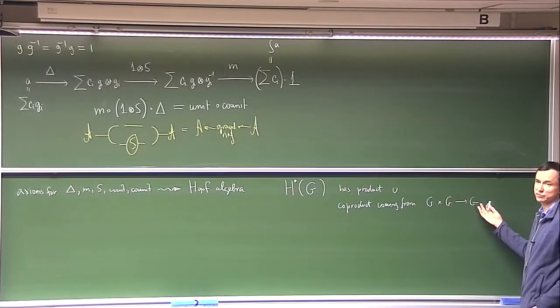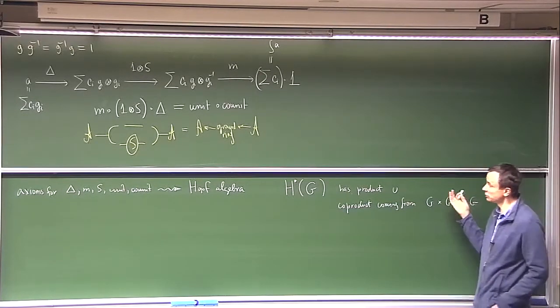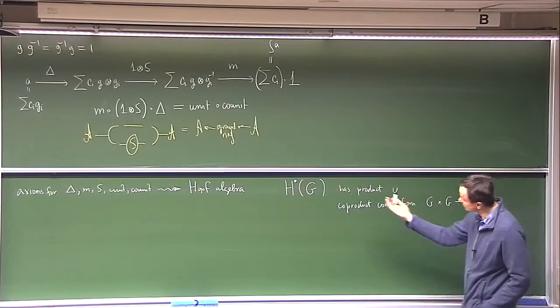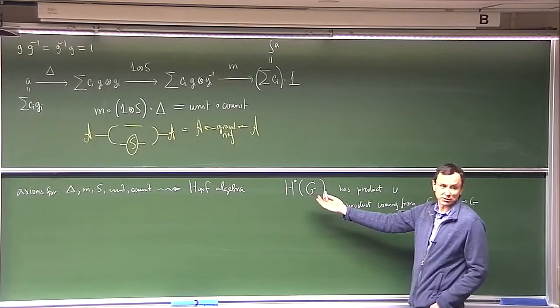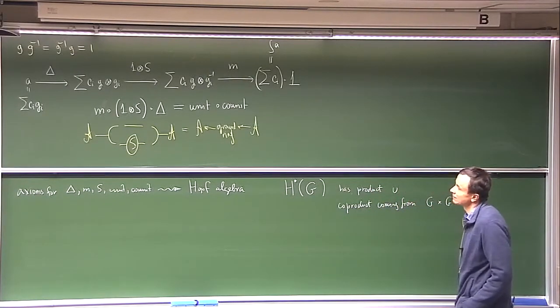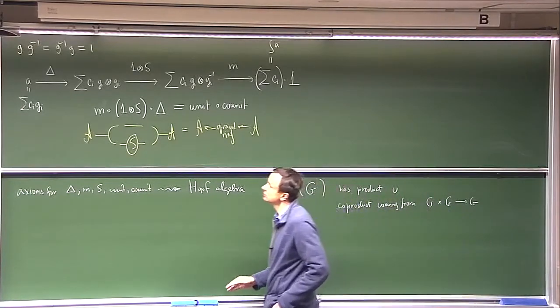This is an associative map. The dual map on the cohomology would be an associative coproduct on the algebra. And then Hopf's theorem says that this has to be an exterior algebra on finitely many generators. This is a very weak structure.